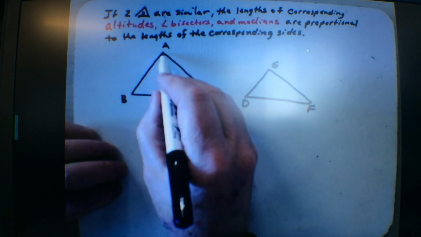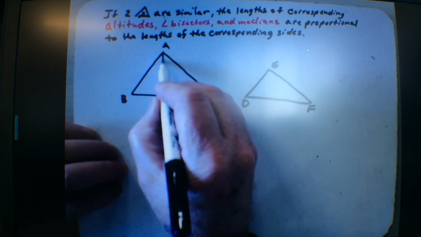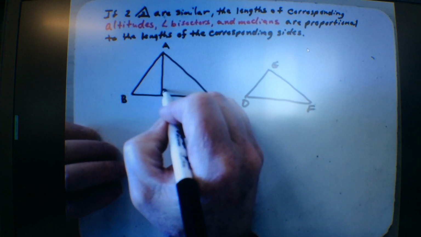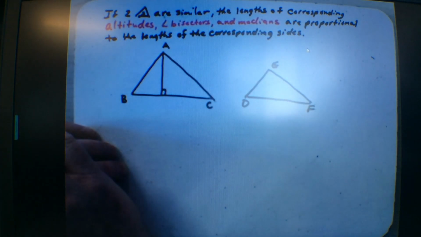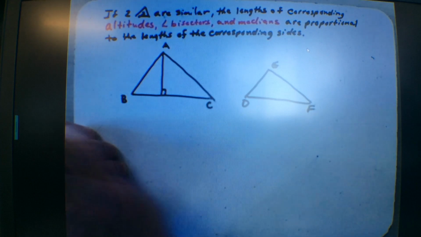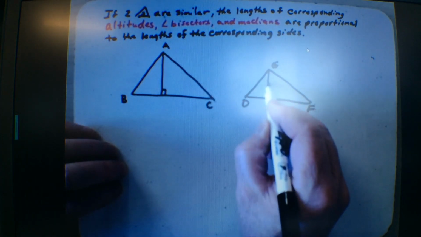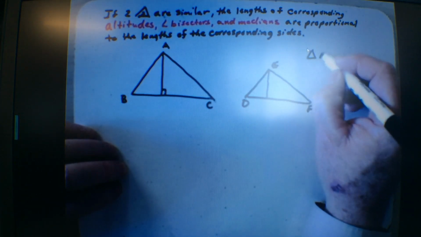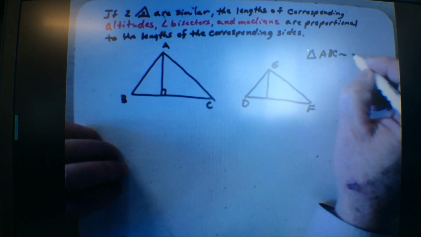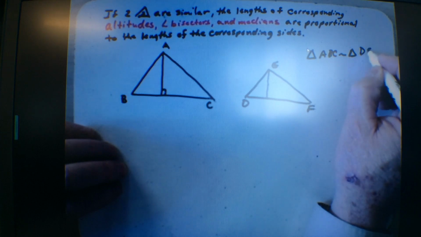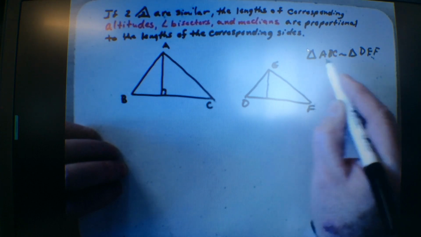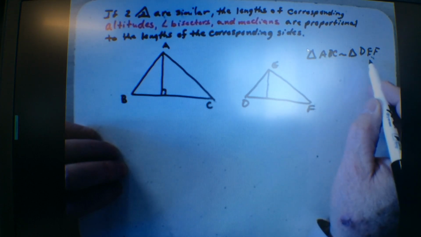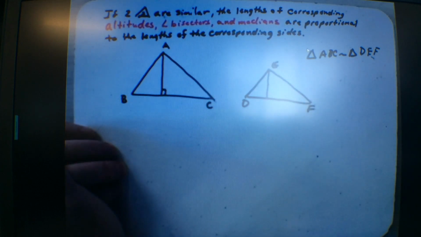Now I'm going to draw the altitude of this one from angle A. Now, how many altitudes does a triangle have? 3. It has 3 altitudes. I'm drawing one, and I'm drawing this corresponding altitude. In other words, if I say that triangle ABC is similar to triangle DEF, okay? So A matches D, B matches E, and C matches F. Does that make sense to you?